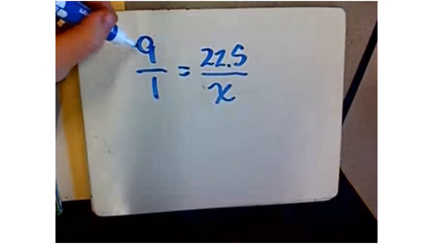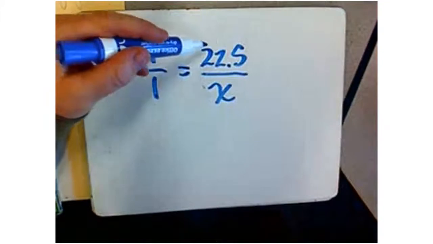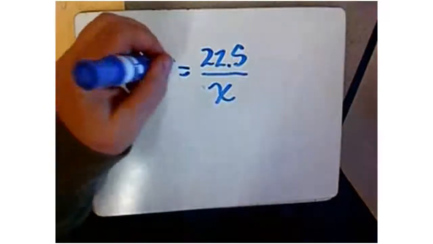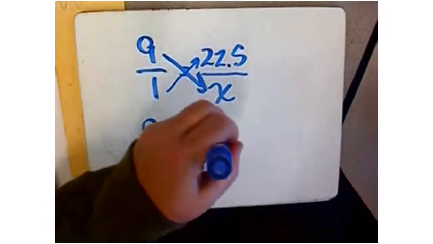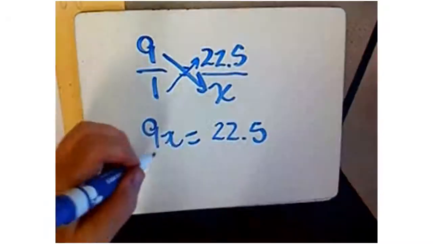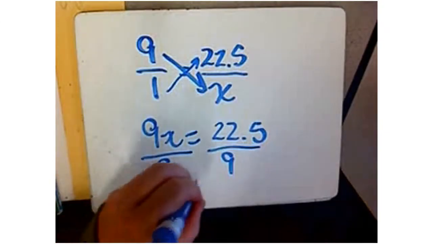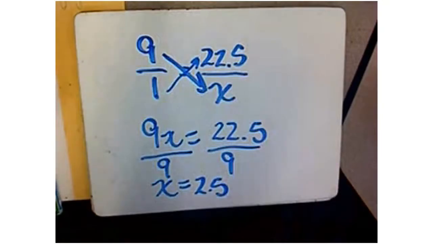So if we write 9 to 1 with expanded volume over compressed volume, we're going to write expanded volume of 22.5 over x, because we want to know the compressed volume, right? We cross multiply 9x equals 22.5, divide by 9 on both sides, and x equals 2.5. So the cylinder's compressed volume is 2.5 cubic inches.